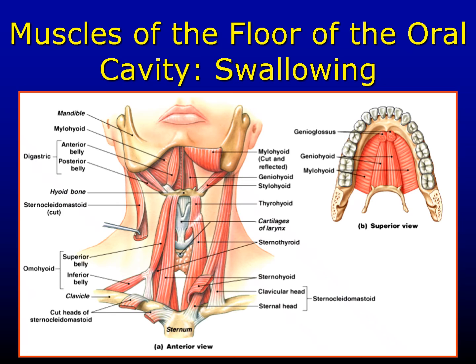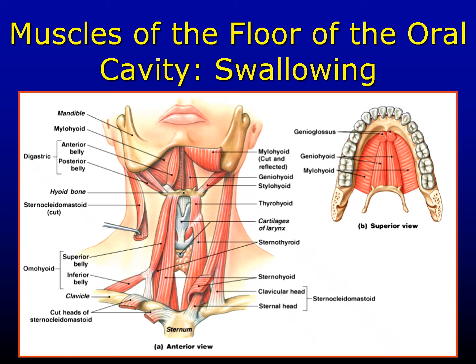It is controlled by CN V. If you want to feel these muscles in action, place your fingers on your Adam's apple, the large bump on the thyroid cartilage of the larynx, and swallow. 4, the geniohyoid widens the throat for swallowing and is innervated by the first cervical nerve. To feel these muscles at work, put your fingers on your laryngeal prominence, Adam's apple, and swallow. You will feel your larynx rise.